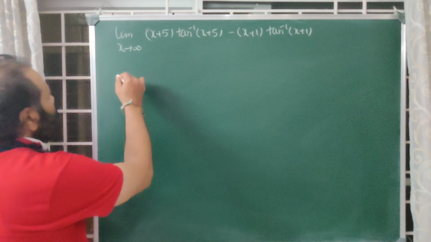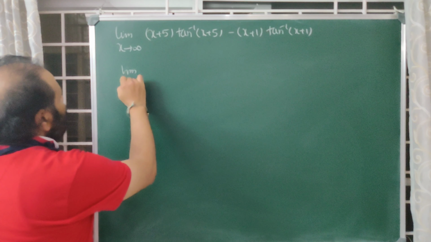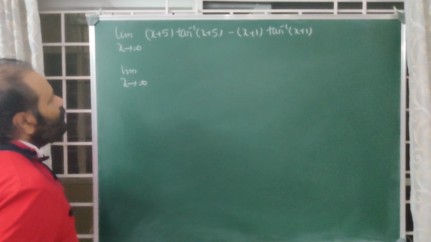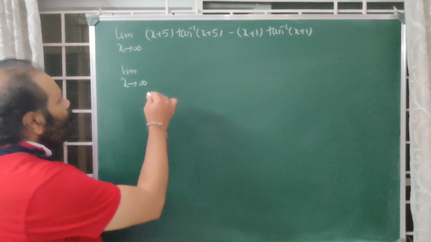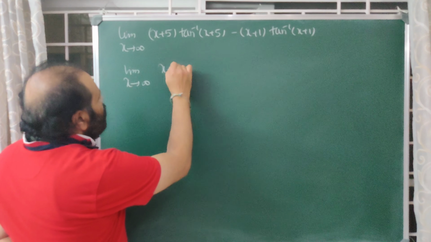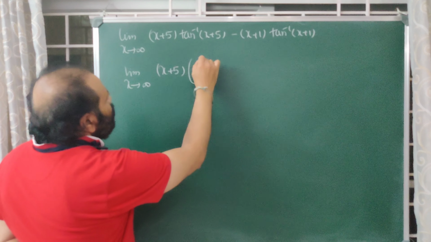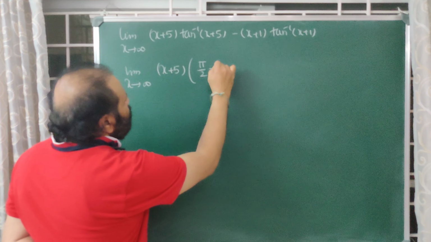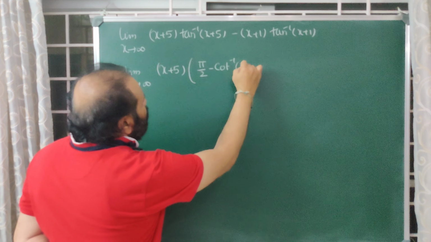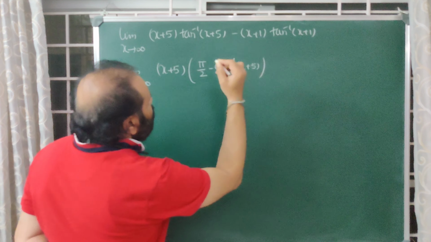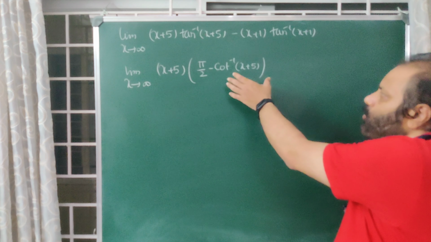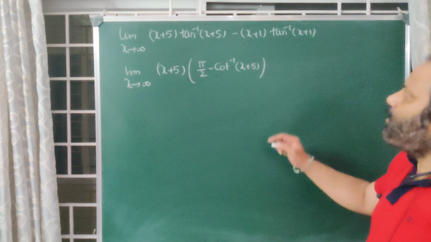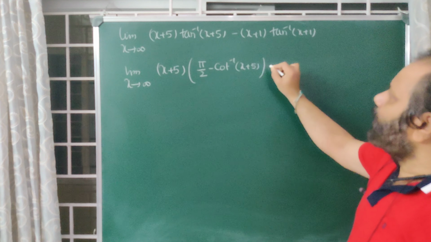To convert this into determinate form, what I am going to do is limit x tends to infinity. Anyhow x is positive, so you can write tan inverse (x plus 5) as pi by 2 minus cot inverse (x plus 5), or else you can write it as tan inverse 1 by (x plus 5).